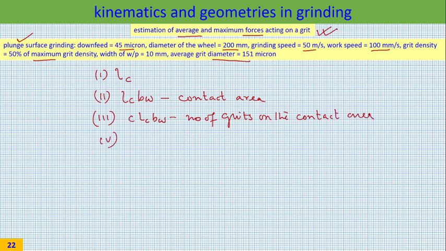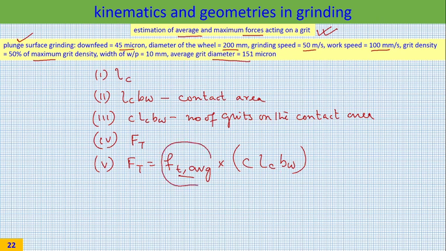Fourth thing you should calculate is FT. How do you calculate FT? UG and other process parameters are given. Fifth thing you should do is FT equal to FT average into C into LC into BW. You can use this simple expression, average value into number of grits. From that, you can calculate this particular quantity.